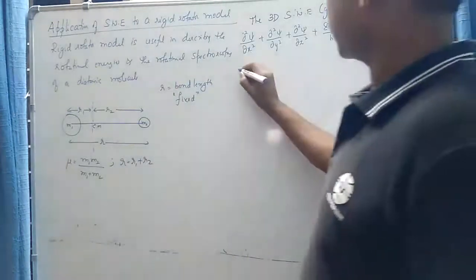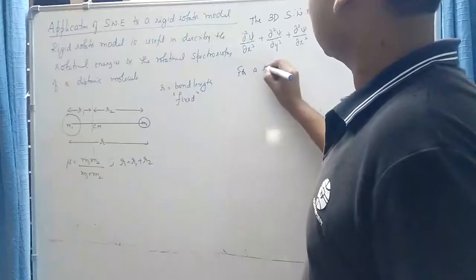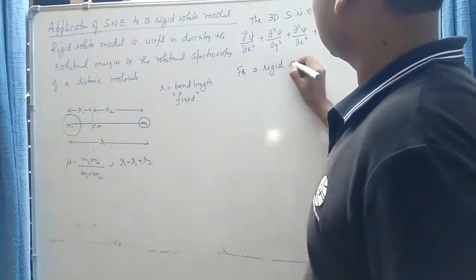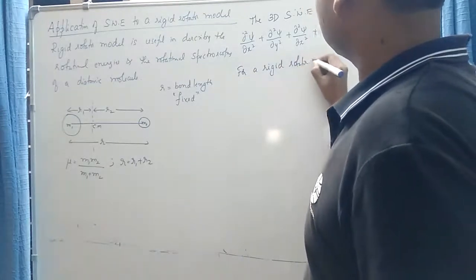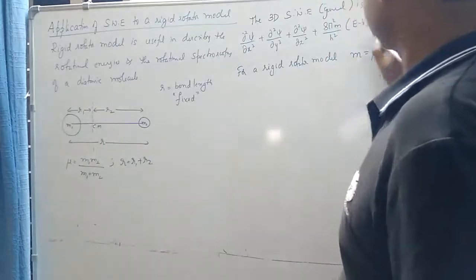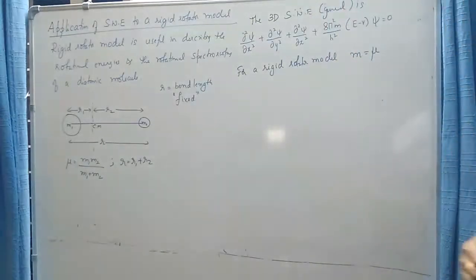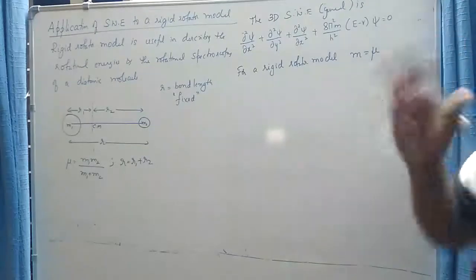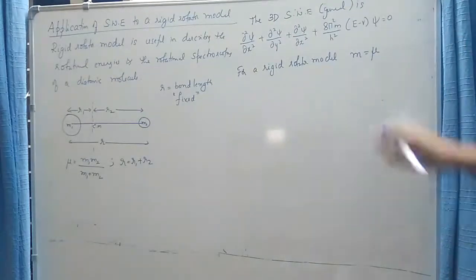So for a rigid rotator model, the mass of the particle, m here, is replaced by the mass of a hypothetical particle, that is, the reduced mass mu.